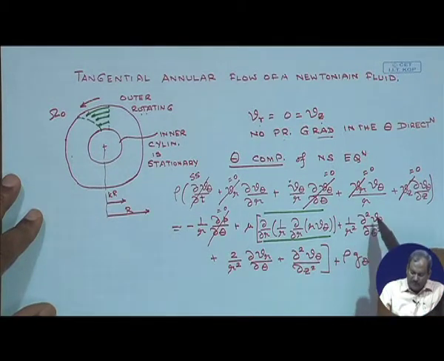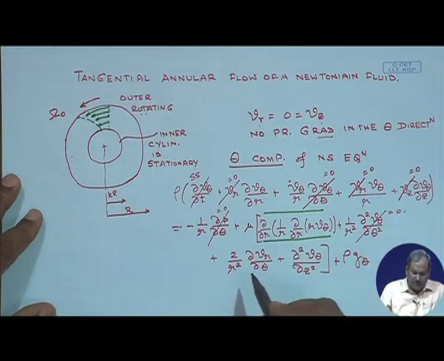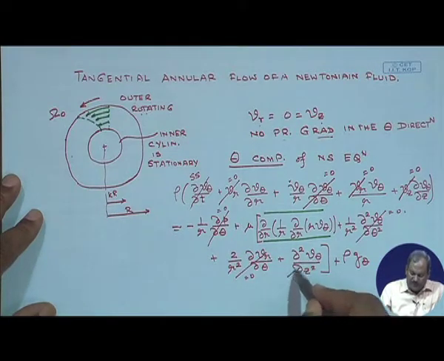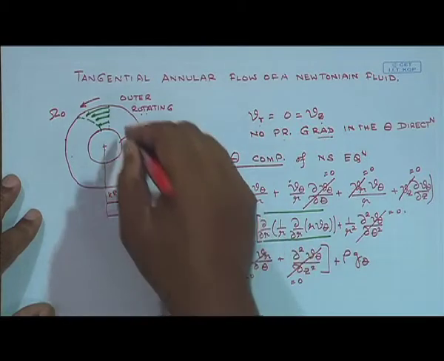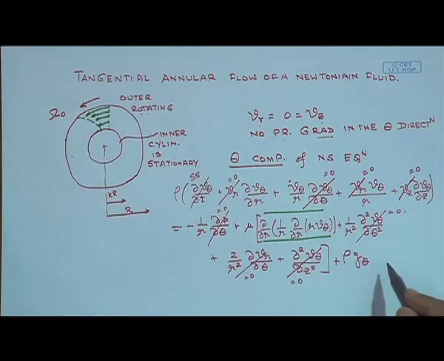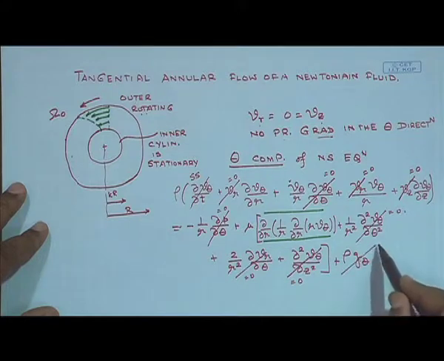If I move to the next term, v theta is not a function of theta, so this would be equal to 0. Then there is no question of vr, so this part is going to be equal to 0, and v theta is not a function of z, so this is going to be equal to 0, as well as there is no body force, no component of g in the theta direction in a vertical cylinder, therefore this will be 0 as well.